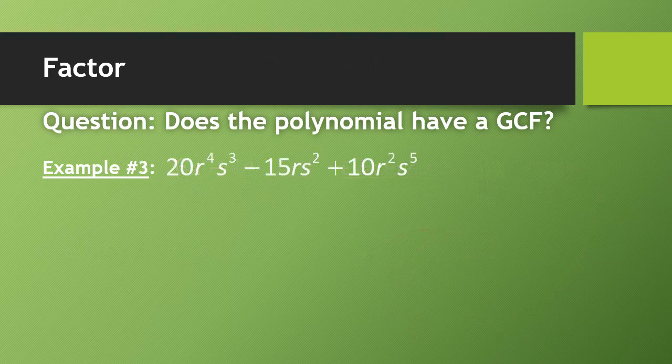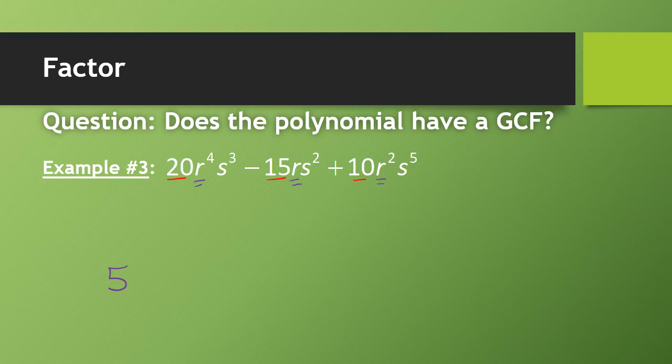Crazy stuff. All right, so example number 3 looks a little bit longer, but remember this is a process. We're going to repeat the process over and over again. So we have 20r to the 4th s cubed minus 15rs squared plus 10r squared s to the 5th. I look at 20, 15, and 10, and I have to determine what all those have in common. They actually have a 5 in common, so I'm going to pull a 5 out to the front. Then I look at r to the 4th, r, and r squared.